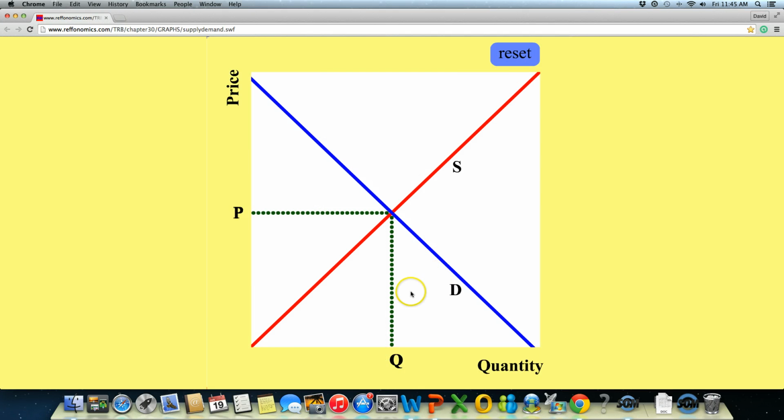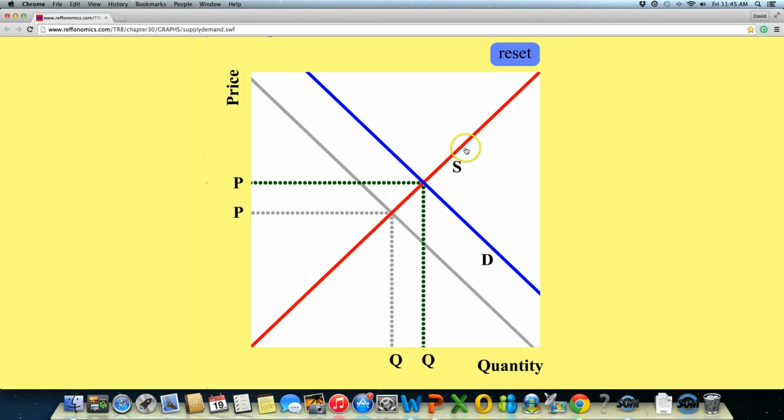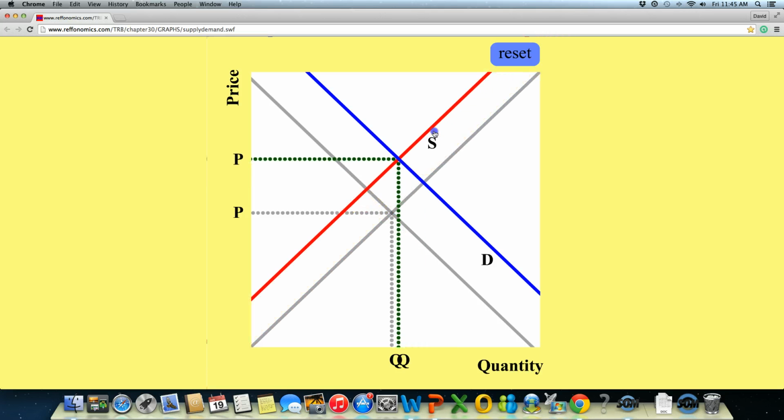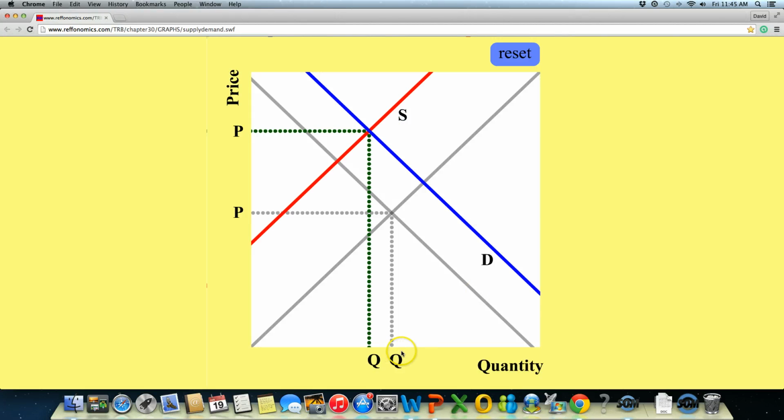Now, let's look at quantity. We increase demand, quantity goes up. Decrease supply, quantity goes down. And if supply decreases enough, we can actually have a fall in quantity. So equilibrium quantity is going to be based upon the magnitude of the shifts in supply and demand. We don't know the magnitude of those shifts. Therefore, quantity is indeterminate.